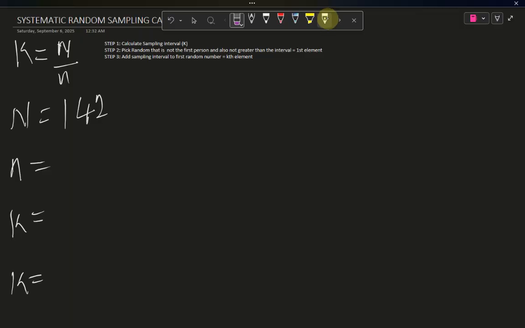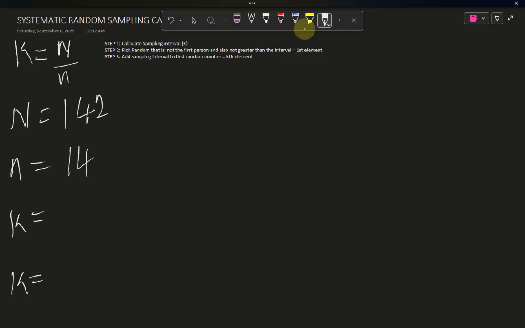Yes, sir. 142, and we are calculating 10% of 142. 10 divided by 100 is 0.1. Times 142 will give us 14.2. But we'll pick 14. So that will be our sample size n.